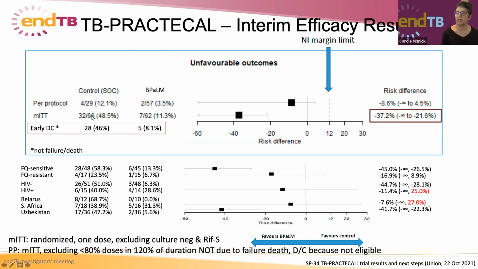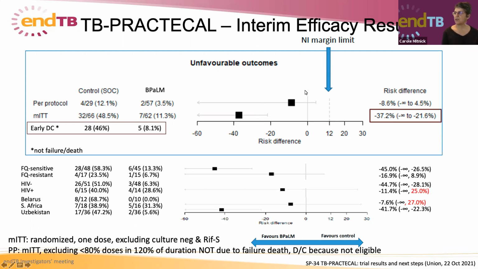You can see there were 66 in the control arm and 62 in the experimental arm, respectively, in the MITT interim analysis, and slightly fewer in the per protocol analysis, as they excluded patients who had not received protocol conforming treatment, that is, who got less than 80% of their doses in 120% of the duration of the treatment.